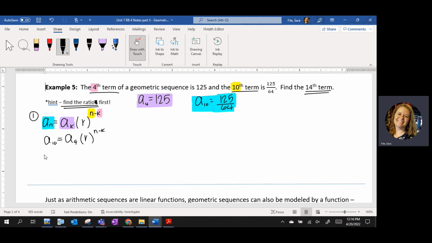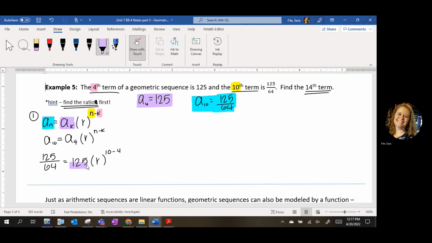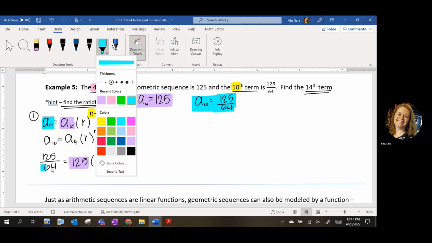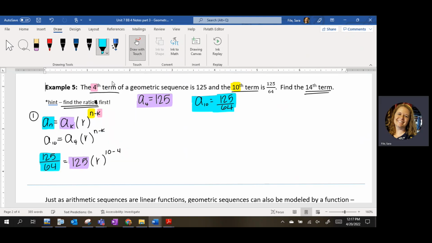So A sub 10 is 125 over 64. A sub 4 is 125. R is unknown. That's the whole point of this, to solve for R. N is 10 and K is 4. Everybody okay with what I plugged in where?